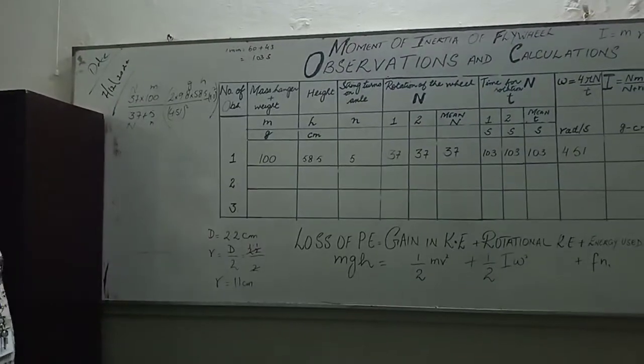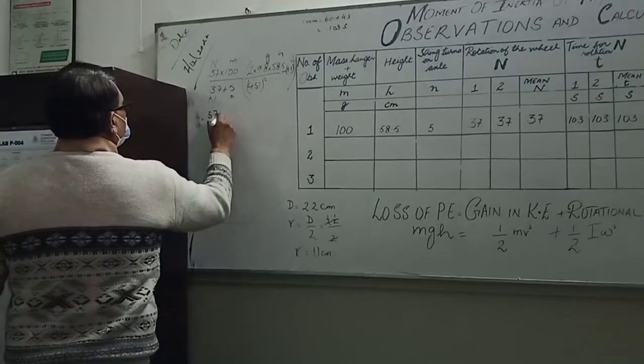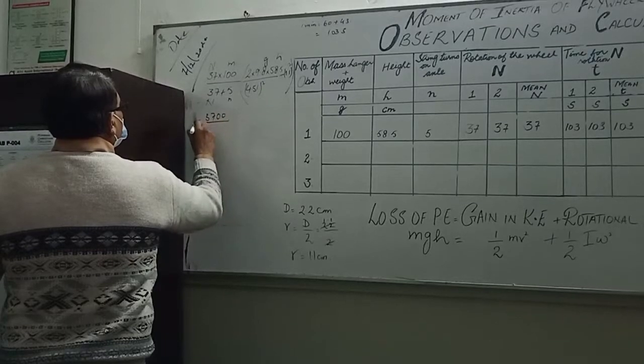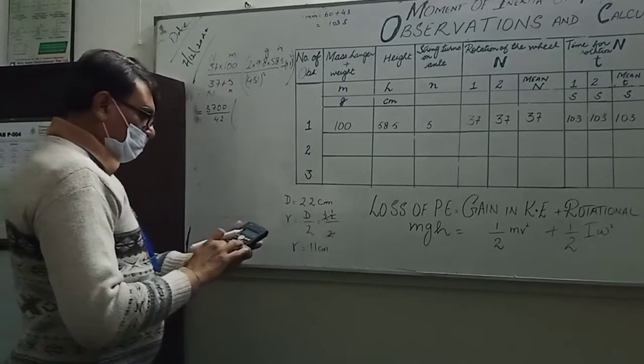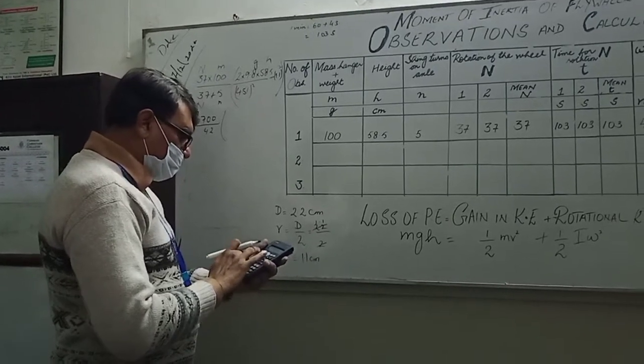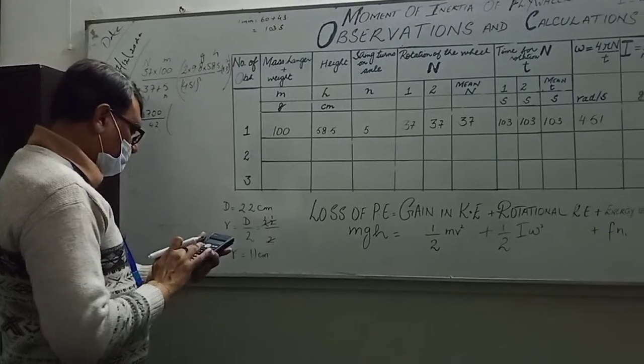By this we are going to find it. First we multiply by this, it would become 3700 divided by 42. Then 2 multiplied by 9.8 multiplied by 58.5.